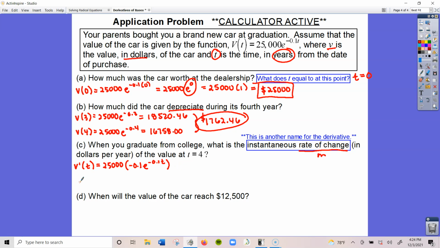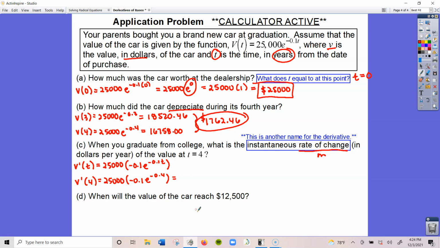Now I'm going to plug in the 4. So v prime of 4 is going to equal 25,000 times negative 0.1 e raised to the negative 0.1 times 4, so negative 0.4.